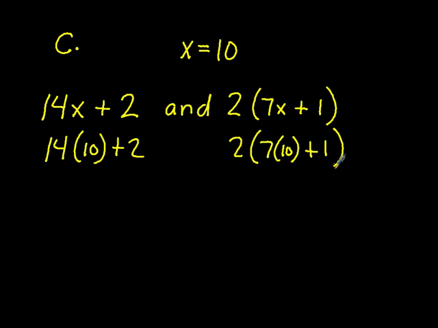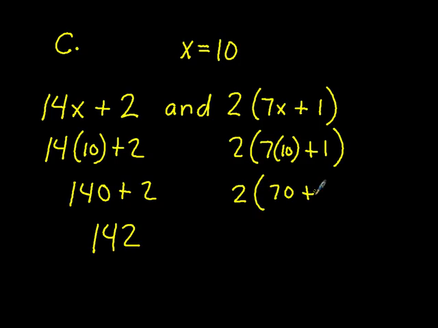On our left-hand side here, we have 14 times 10 is 140. Bring down my 2. 140 plus 2 is 142. On this side, I have 70 plus 1. And 142.